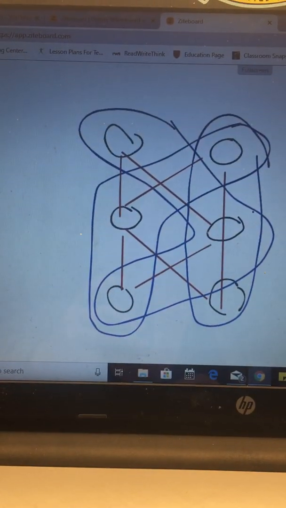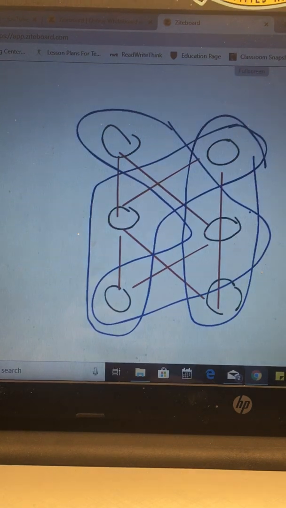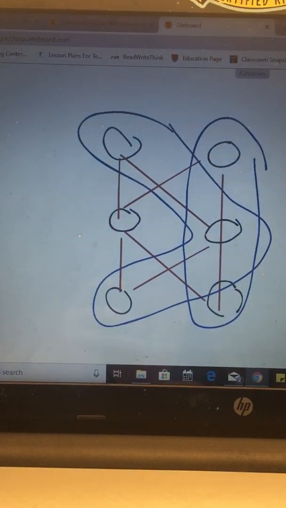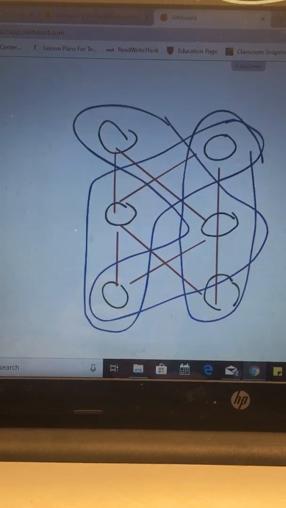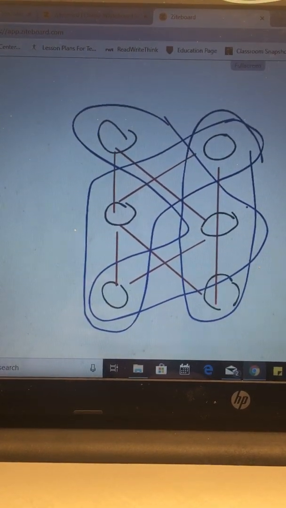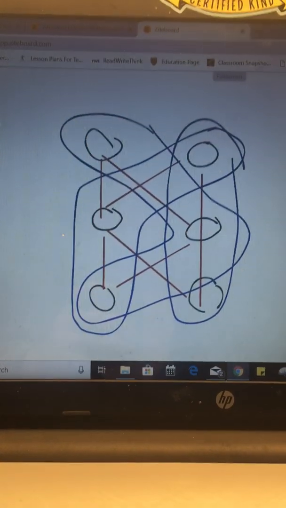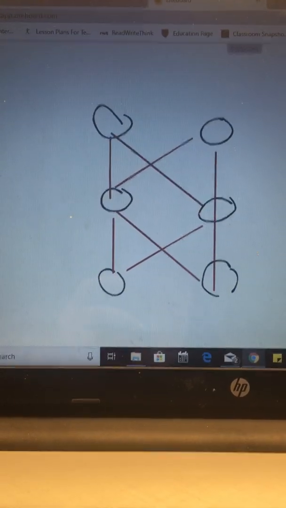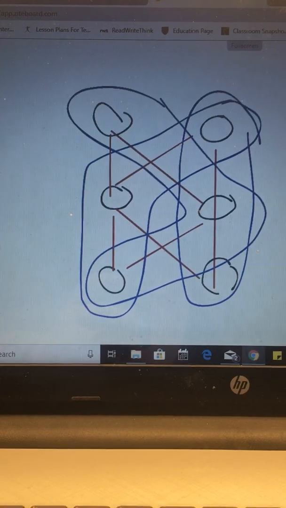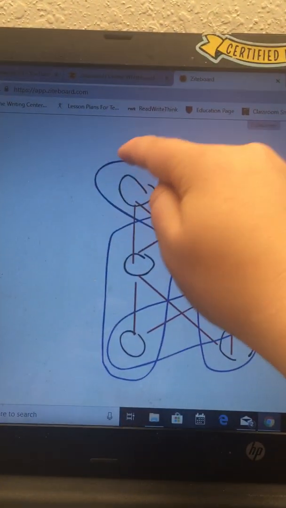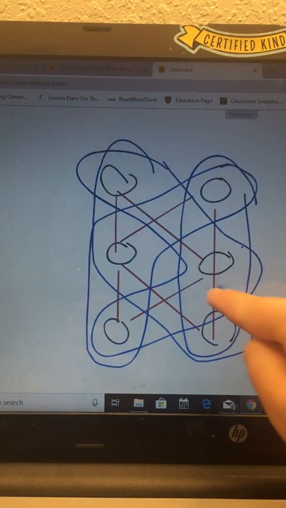And that's why we have, let's look at this. 1, 2, 3. Where's my 4th one? 1, 2, 3. Did I not draw it? I thought I did. It'd be here. 4.